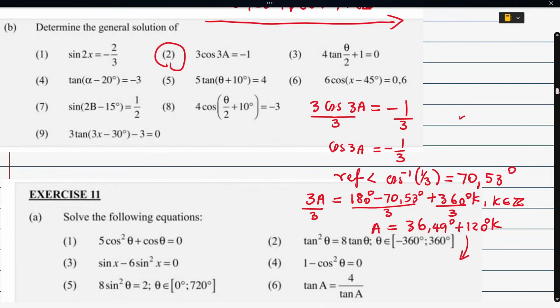Now, where is the other quadrant where cos is negative? It's quadrant 3. So you copy the angle which is given, 180 degrees plus 70,53.